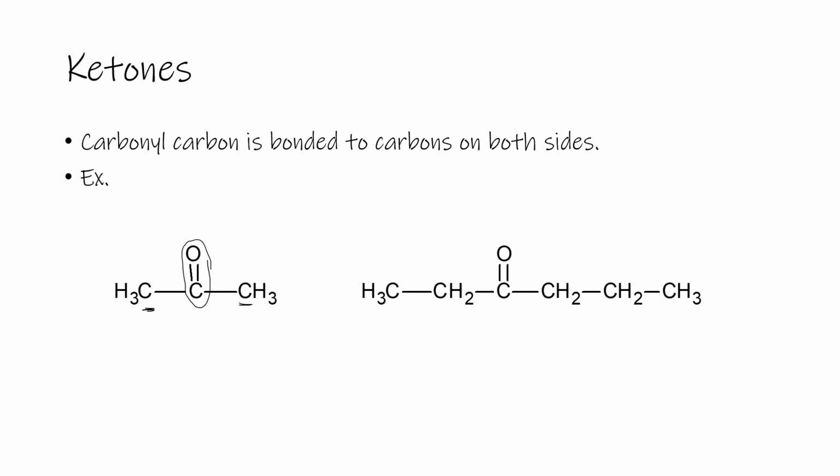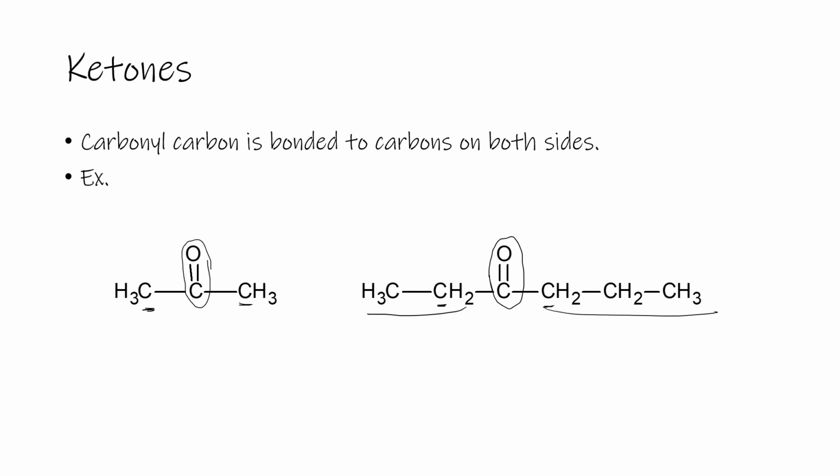And then of course you have this other one where you have the carbonyl here, and then you have carbon groups on both sides. But directly bonding to that carbonyl is a carbon on both sides of it, which makes it a ketone. Has that carbonyl group in there, and so it's going to affect the solubility as well.